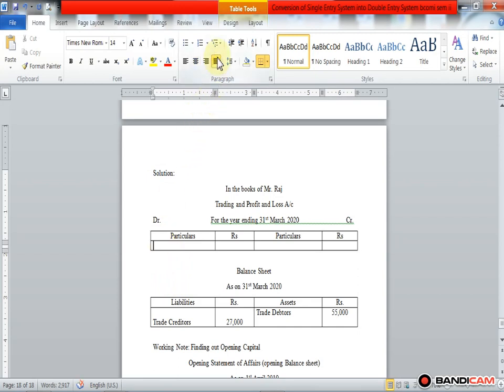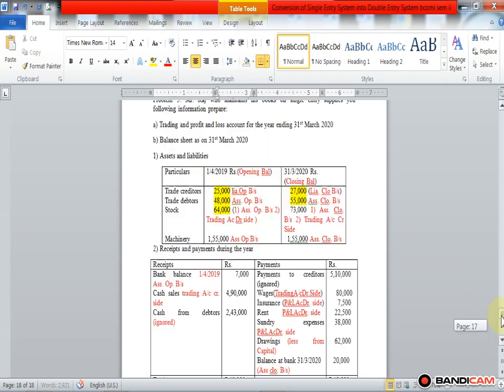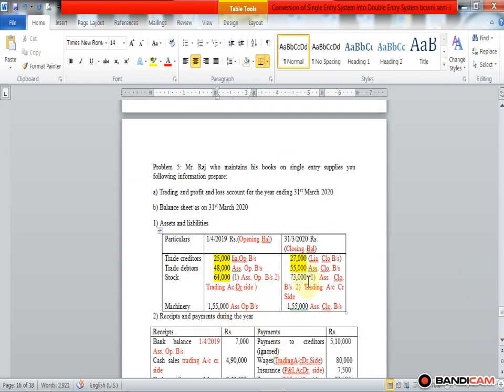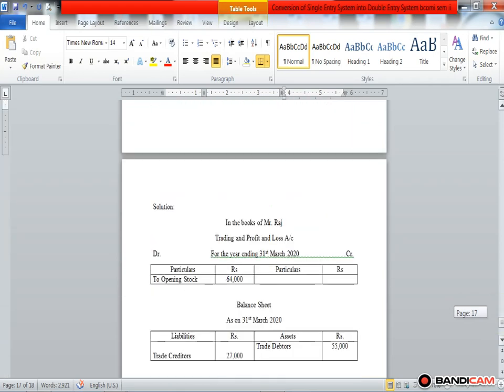To opening stock amounted to rupees 64,000. Now we transfer the closing balance of stock. The closing balance of stock is 73,000. So 73,000 is transferred to the closing balance sheet and trading account.